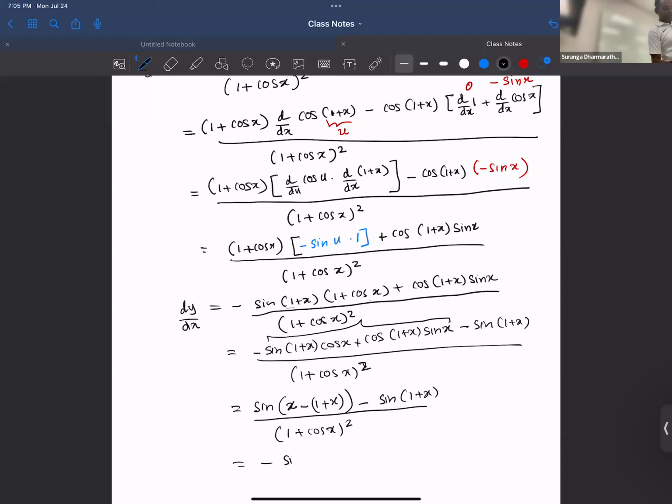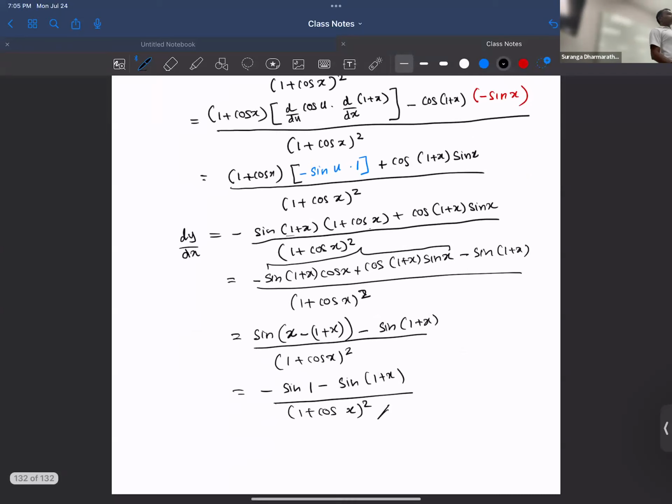So this is negative sine 1 minus sine(1 plus x), divided by (1 plus cosine x) squared. That's the furthest that I can go. I can probably use some other trigonometric identities to solve sine 1 and sine(1 plus x), but that's unnecessary, I guess. So I would stop here.